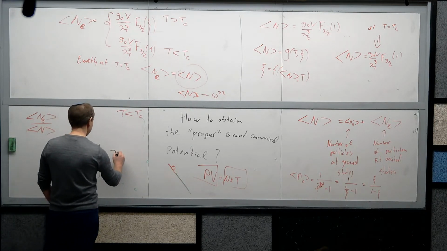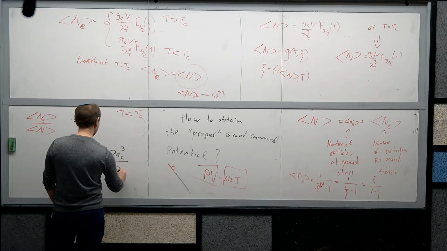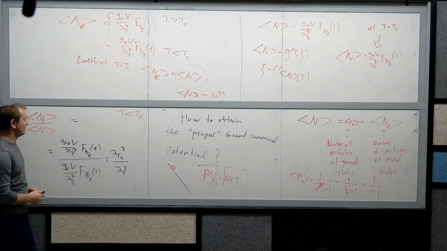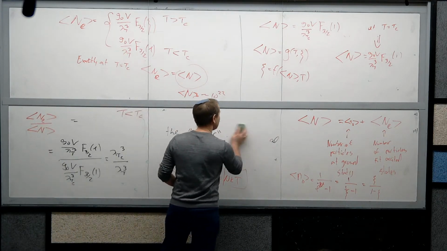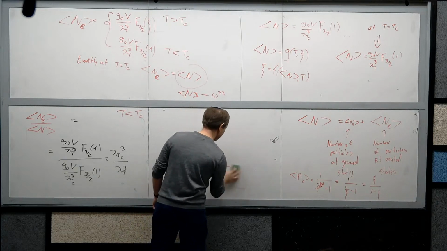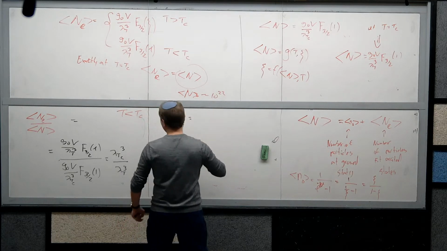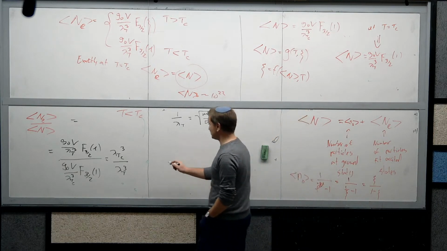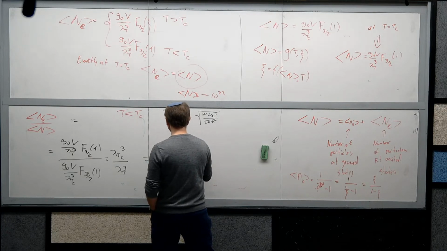It equals lambda Tc to the third divided by lambda t to the third. What is lambda t? We erased it, but it depends on temperature. 1 over lambda t is the square root of m k Boltzmann t divided by 2 pi h bar squared. So all of this is t divided by Tc to the 3/2.